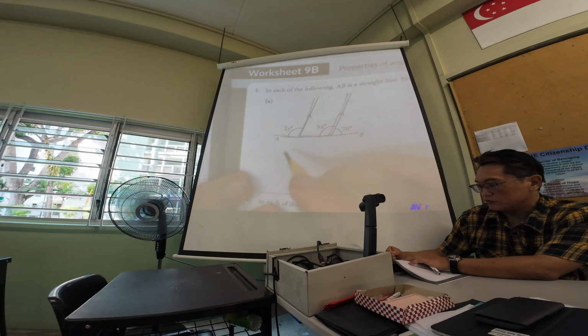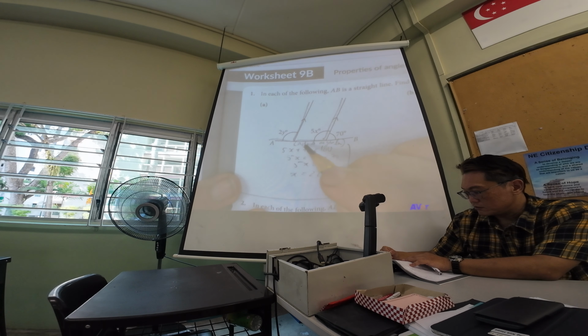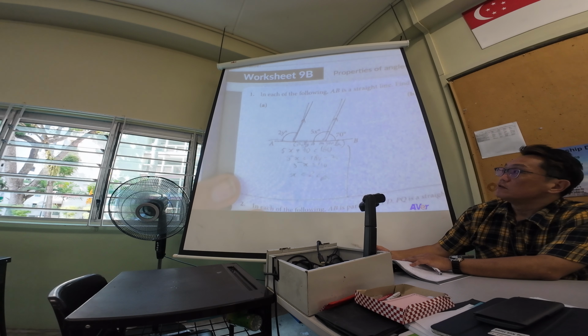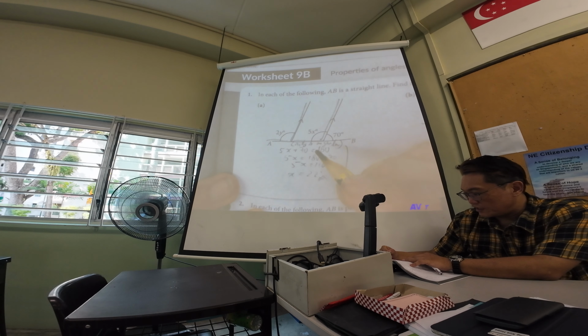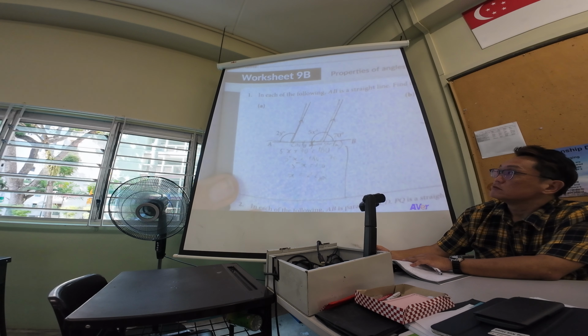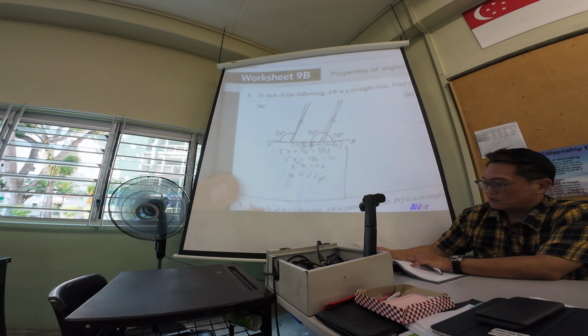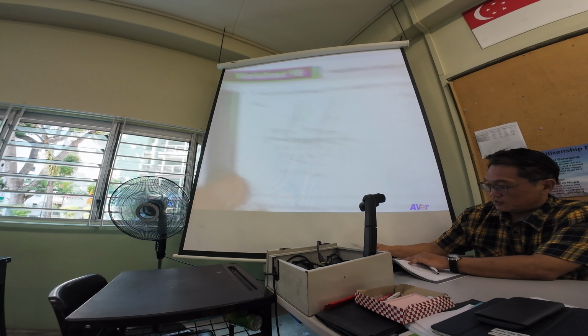Okay, so if I were to write a reason, 5x plus 70 is 180. Here I will say adjacent angles on straight line. ADJ, adjacent angles. Angles, I use the symbol. On straight line. I write bigger here.